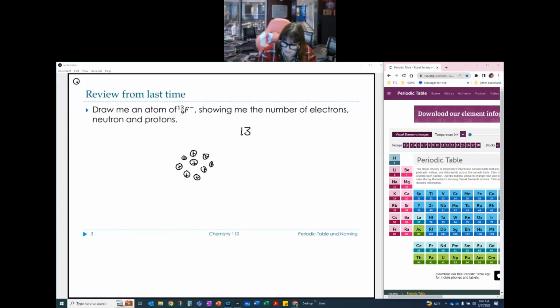His mass number being 13 minus 9, that gives me 4 neutrons. 1, 2, 3, 4. So these are my neutrons. Those are my protons, and these are my electrons. And of course, since he's an F minus, he has an extra electron. So I need to have 10 of them.